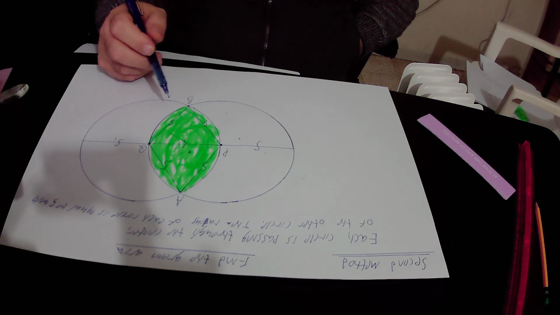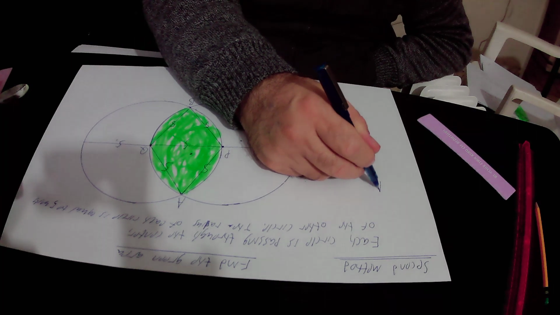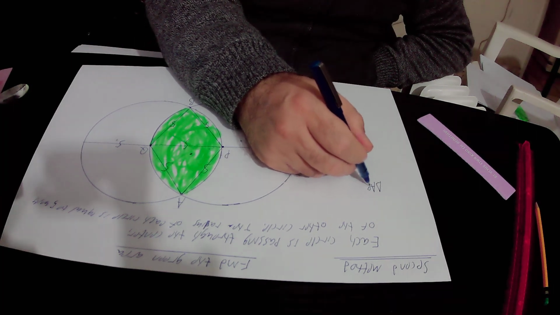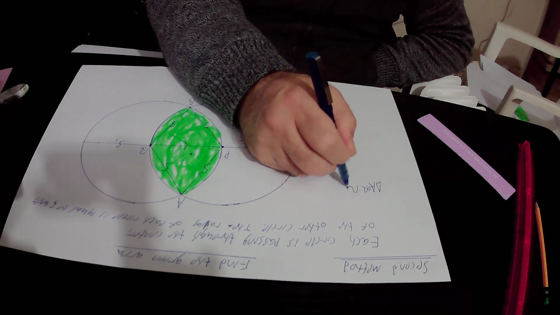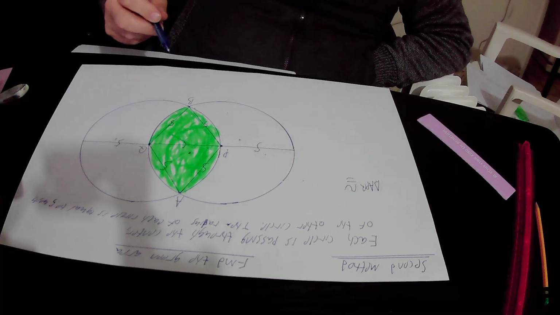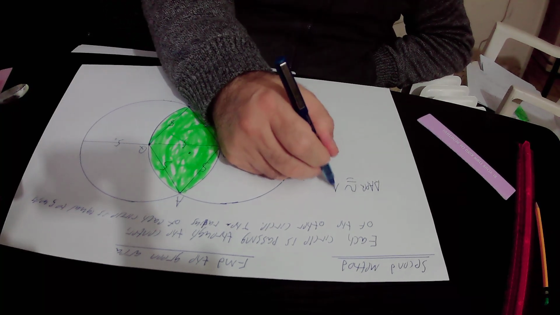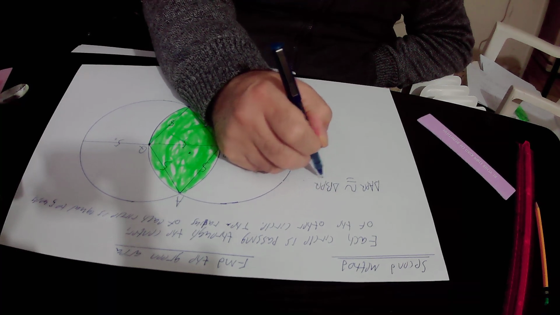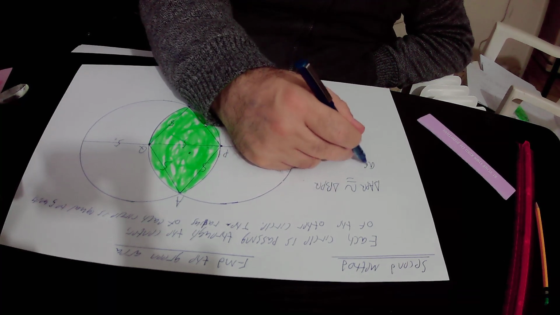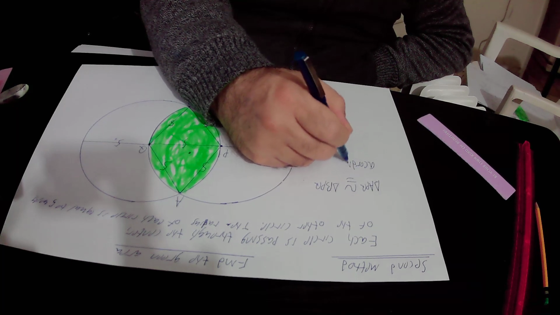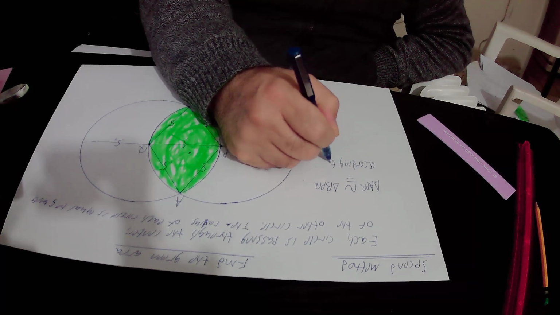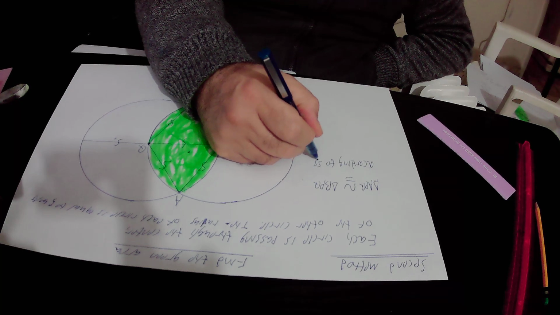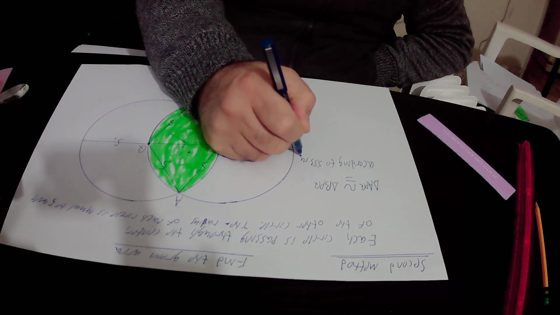Actually, triangle APQ is congruent to triangle BPQ, according to the SSS rule.